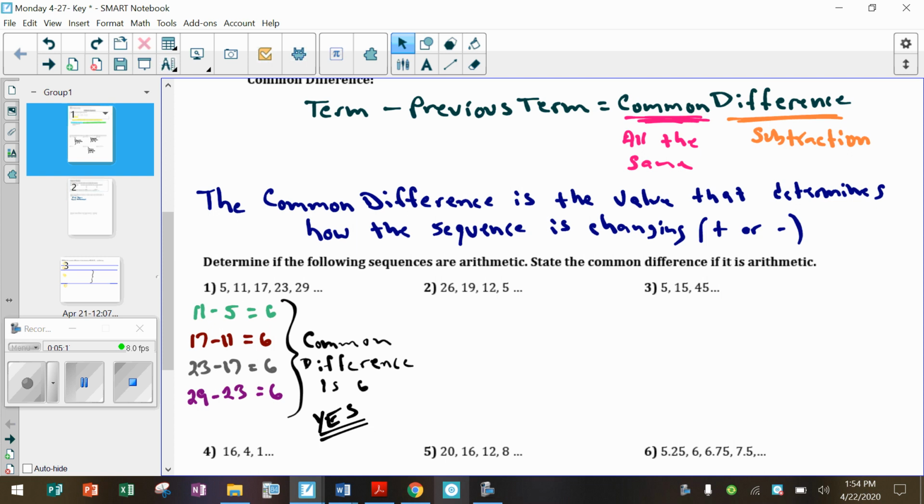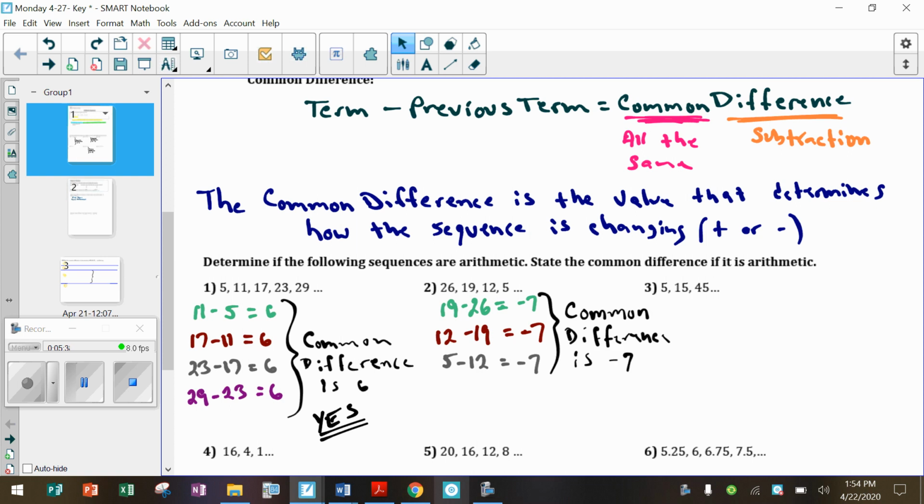If the numbers get too big or too weird to figure out in your head, then we take the second number on the list minus the first number on the list to get our first difference. Then we go to the next pair. We'll do 12 minus 19, and we're going to check each term to see if the subtraction of the term before it leads to a common difference.